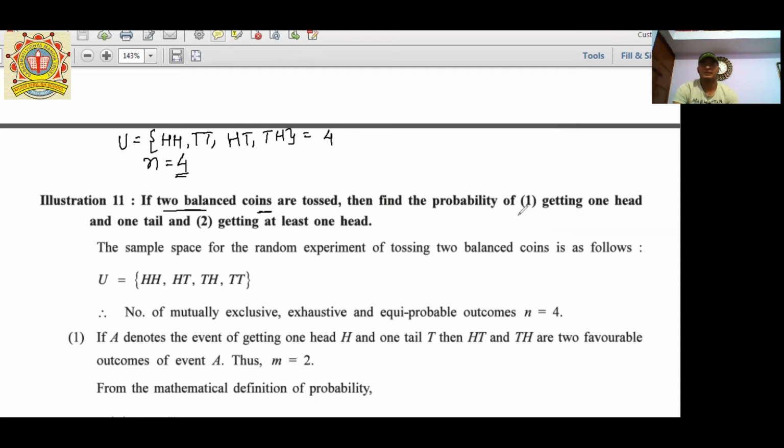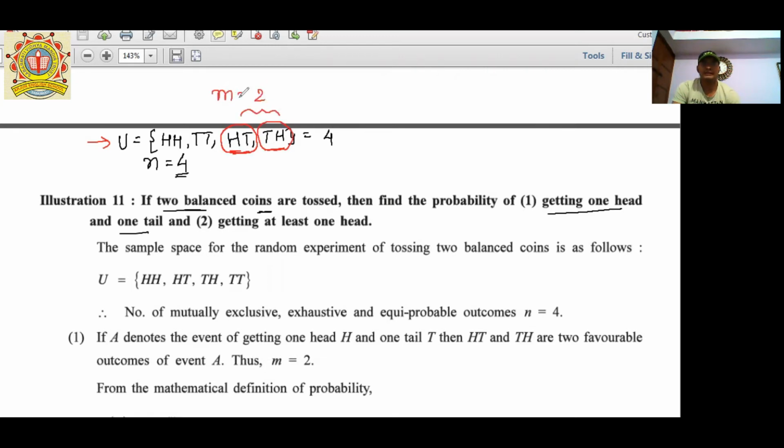Now they ask to find getting one head and one tail. So among these 4 outcomes, you have to check one head, one tail. Here it is one outcome. In the same way, one tail, one head, that is the second outcome. So the favorable events are 2.